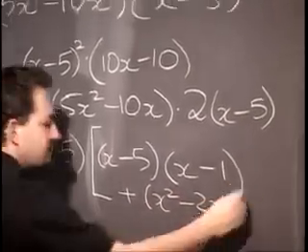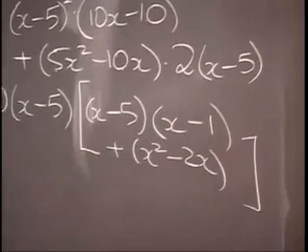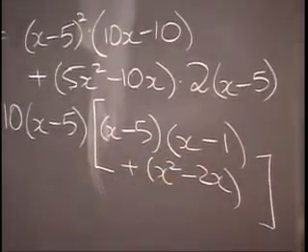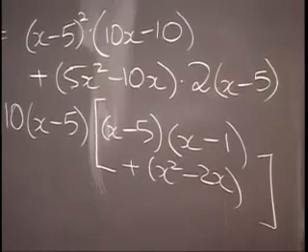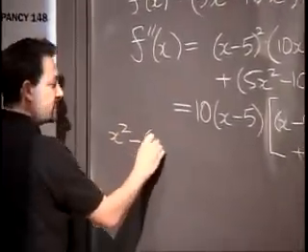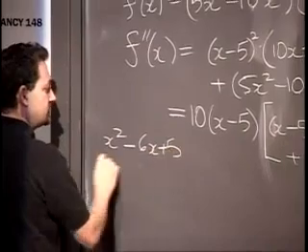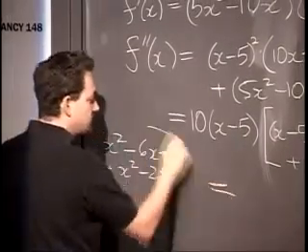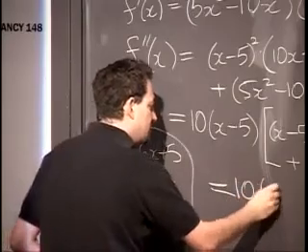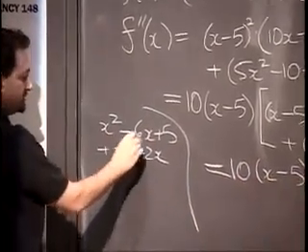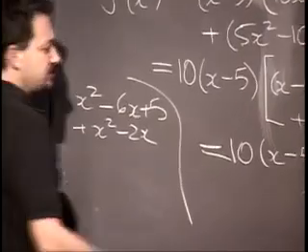And then you just have to expand all this mess inside here. We're going to get 2x squared there. Well, let's just do it. x squared minus 6x plus 5 plus x squared minus 2x. So I believe that what you get is 10 times x minus 5 outside of 2x squared minus 8x plus 5.